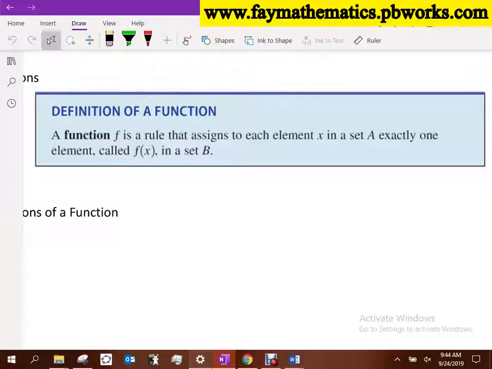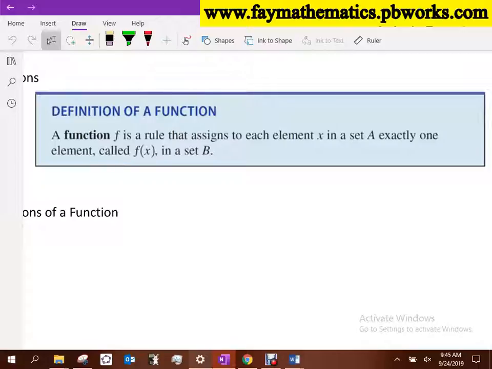A function, simply stated, is a rule that assigns to each element X in a set A. Remember, a set is just a collection of things, right? What we're usually going to think about is that our set A is the real number line, the x-axis, is the way we usually think about it.